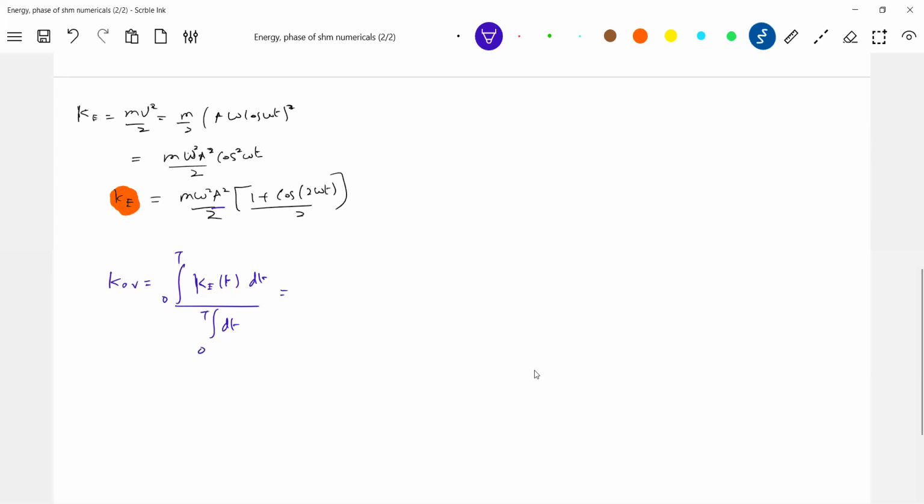So substitute this one. This will become m omega square A square by 2, cos square omega t, integral of dt, from 0 to T. What we have is cos square omega t.